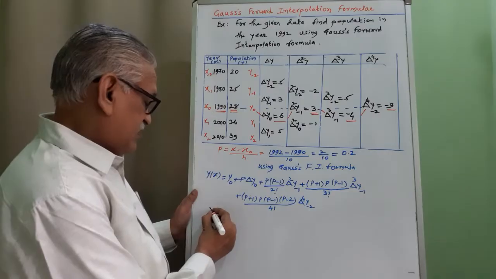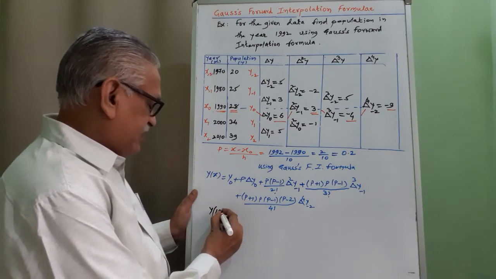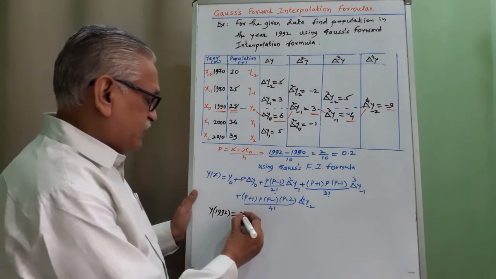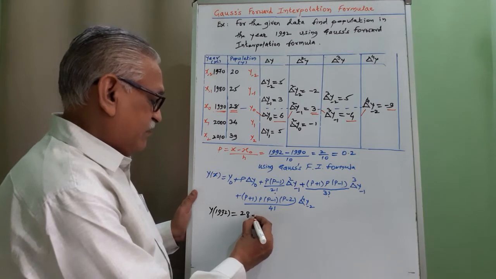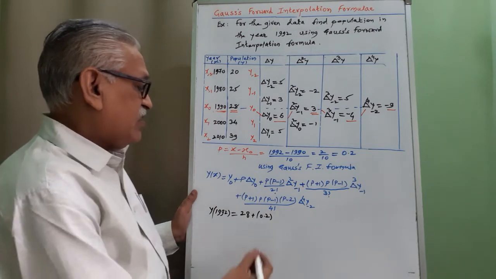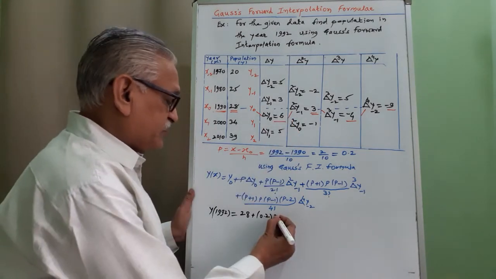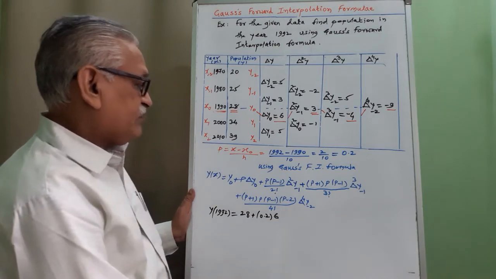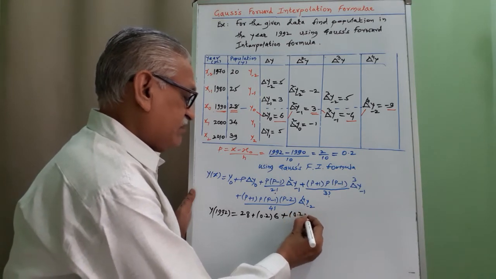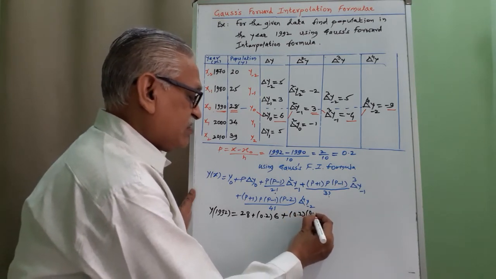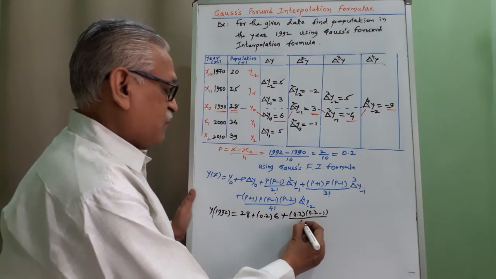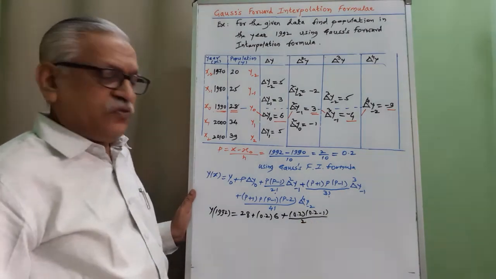we get y at 1992 is equal to y0. The value of y0 is 28. P is 0.2 into del y0 is 6, plus P, that is 0.2, into P minus 1, divided by 2 factorial. 2 factorial is 2.